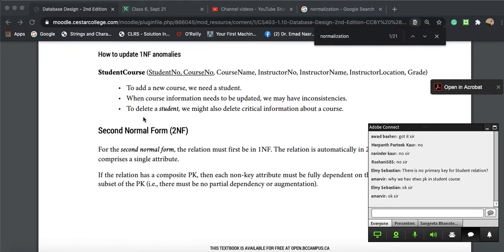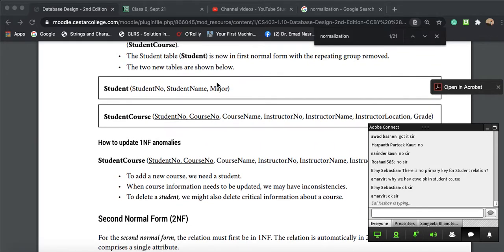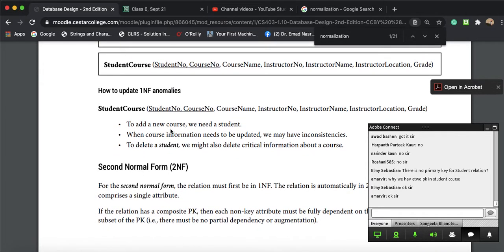Now, what is the problem in this design? After we split, this design here is okay. Student has a student number, student name, and major. We don't have any problems here. Leave it. Let's look at the student course.